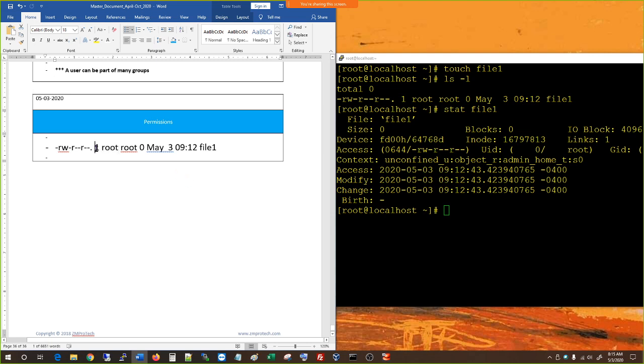And this part is how many links a file has. And then a period is a present working directory. So this file is located in this directory here. And these are the permissions here. So let's concentrate on this part here, okay?